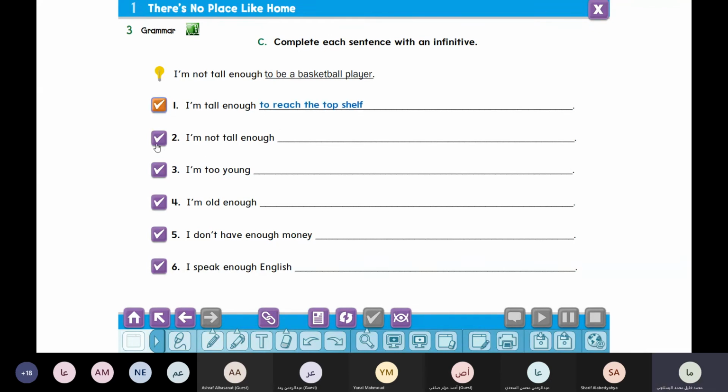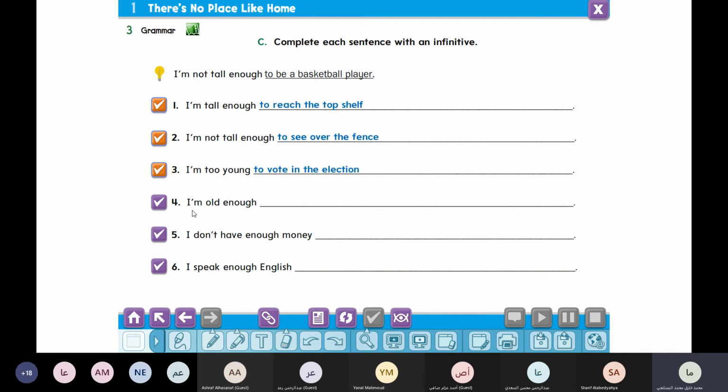I'm not tall enough to play. Yes. To go on this ride. Good. Any acceptable answer is good. I'm not tall enough to see over the fence. I am too young to drive a car, maybe. To vote in the election.